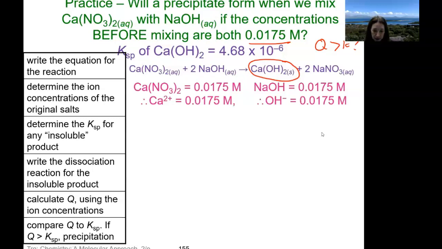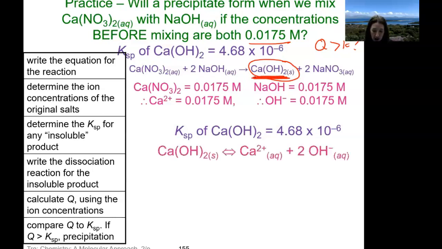Okay, now, again, we've got our K, that's what we're going to compare it to. Our overall reaction that we care about, again, is this solid, the calcium hydroxide. So when we write our expression, it's almost the exact expression that we just did. So it's going to be the molarity of Ca, and then OH, and we have to square it because remember, products raised to the coefficient over reactants, but that's a solid.